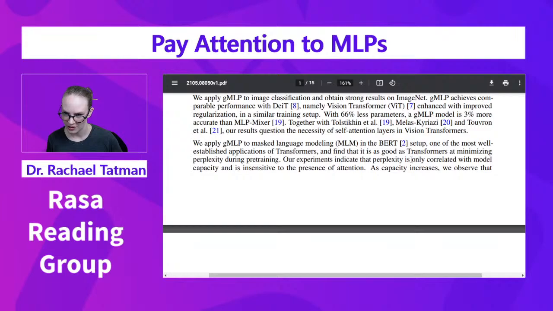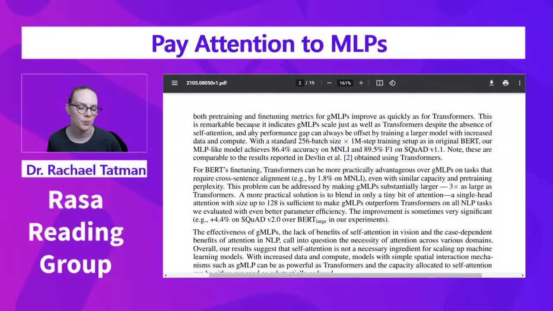As capacity increases, we observe that both pre-training and fine-tuning metrics for gMLPs improve as quickly as for transformers. Sorry, this is tripping me up, because NLP is a thing I say a lot, and also MNLP is a slice of the alphabet, which I also have memorized. So it's very hard not to stick the little N in there.